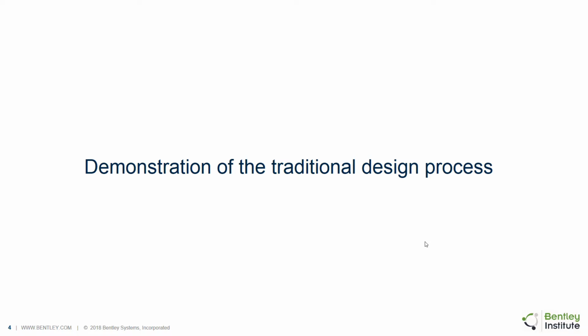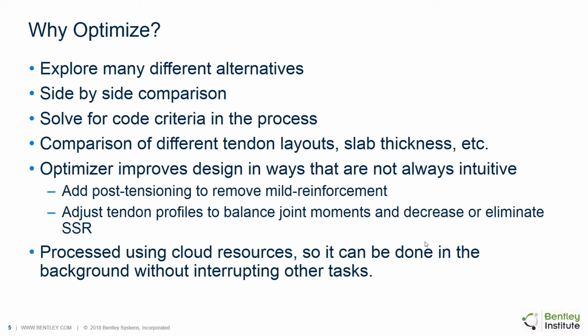Okay, now that we've seen an example of the traditional design process, let's take a look at why using an optimization process might be advantageous. First of all, an optimization process that generates alternatives automatically can explore many different alternatives simultaneously and do a side-by-side comparison of those alternatives to determine which one is the most advantageous.